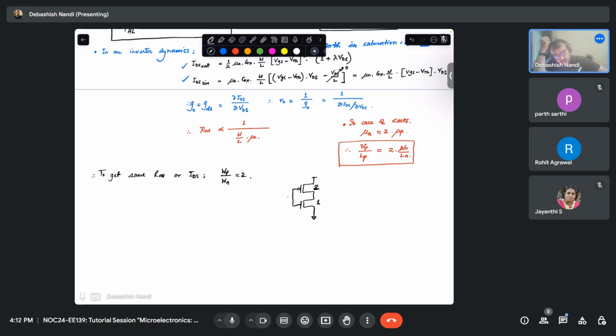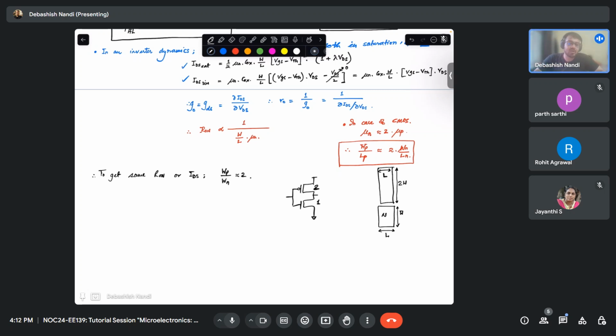So if you draw the layout, let me just draw it in this way. If this is your W and this is your L for NMOS, your PMOS will be something like this, 2W and it will be L.